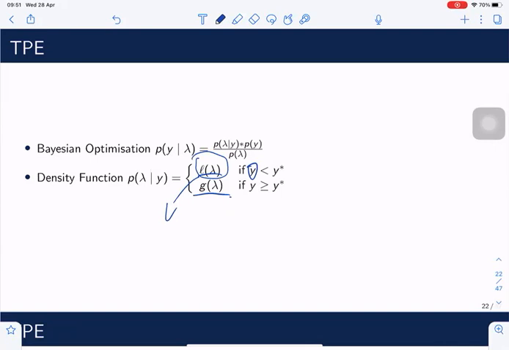We can use the expected improvement to decide which one is returned to the user to take a further evaluation on the objective function. And the EI, expected improvement, is equal to L(lambda) divided by G(lambda). Okay.